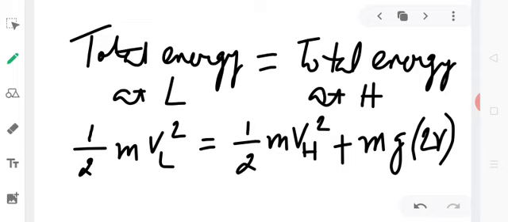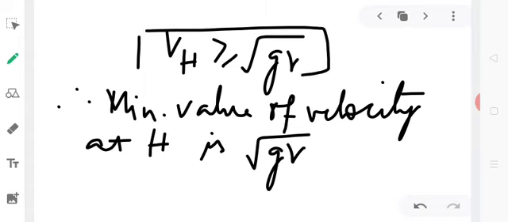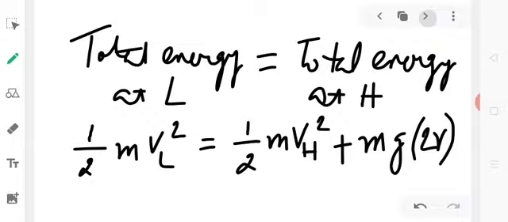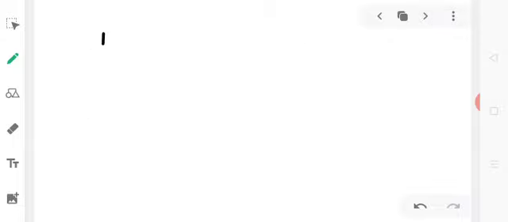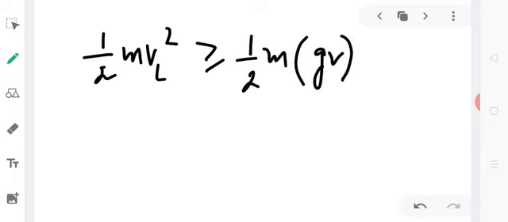So now, using the previous equation for vh, we may write half m vl square to be greater than or equal to half m, in place of vh square we can write gr, plus 2mgr.